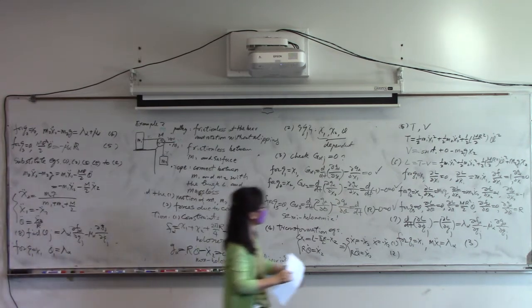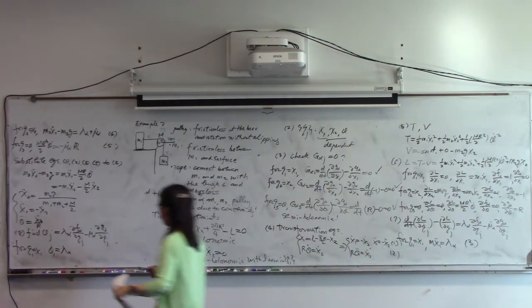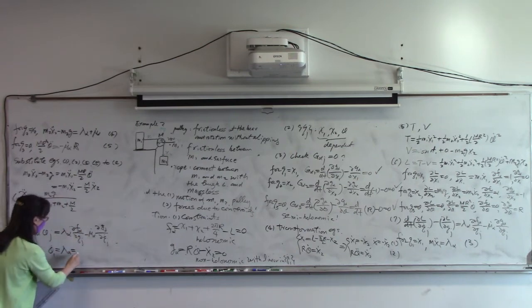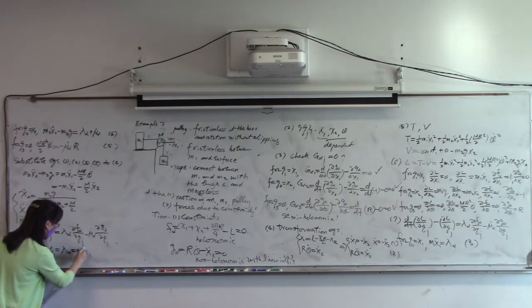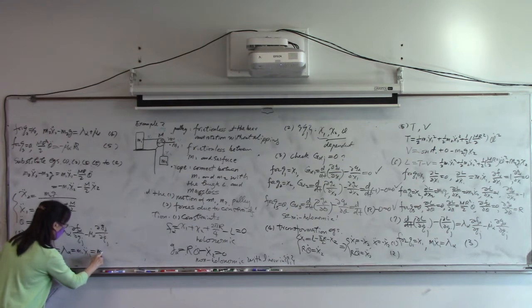Partial f partial x1 is 1, and the second one is 0. So only lambda. This term is 0, right? So that equals lambda, which is m1 x1 double dot. You just take x1 here. Or if you substitute x2 double dot is negative.